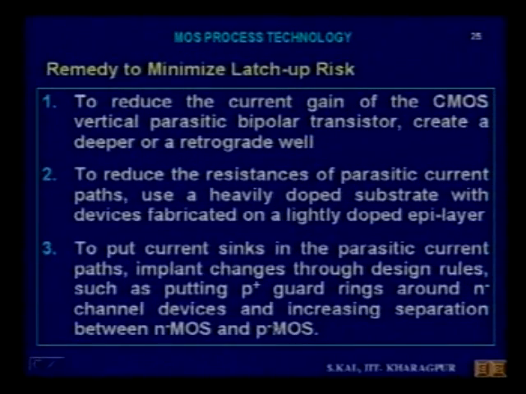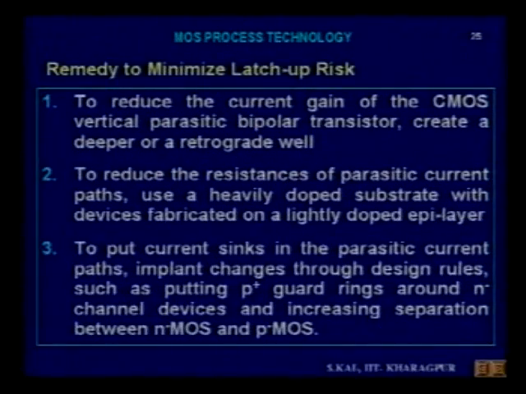Base width increases, and if the base width of the parasitic transistor increases, that transistor will not work properly. At the same time, if you increase the base doping level, the parasitic transistor will not function properly, isn't it? So by these three remedial changes, you can minimize latch-up risk.